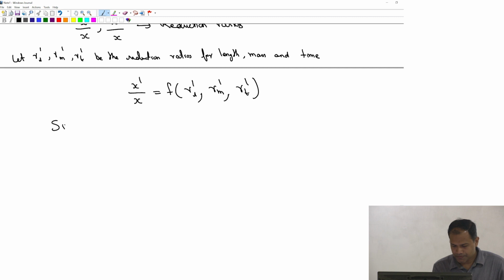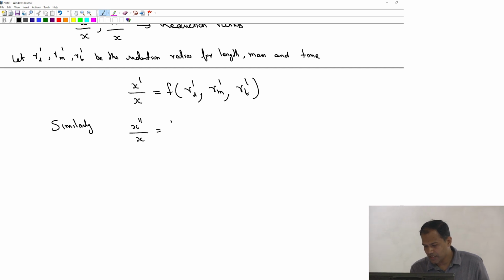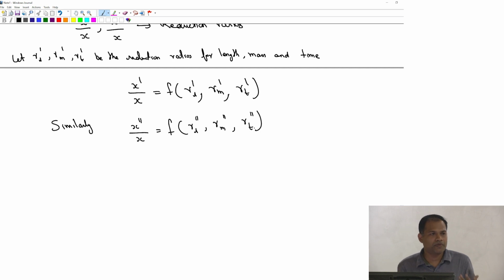Similarly, I could write x double prime by x is a function of RL double prime, RM double prime, RT double prime, where RL double prime, RM double prime and RT double prime are the reduction ratios when you are going from a unit system of u double prime to a unit system of u. Okay.